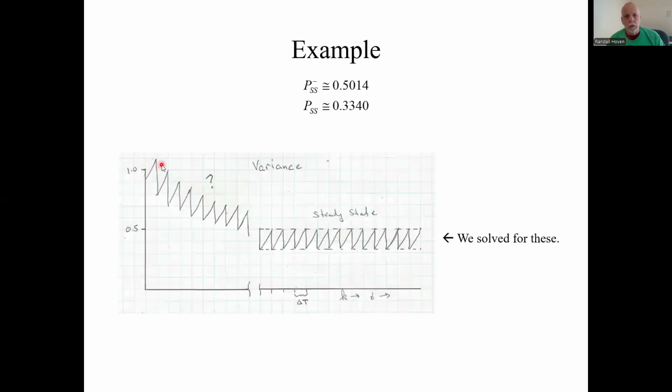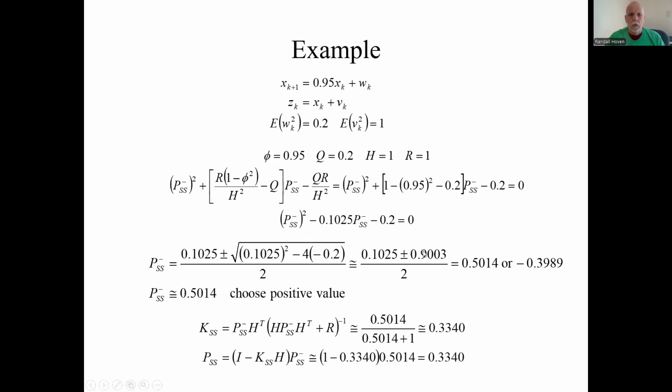What's going on there is you had this transient phase where the variances were trending down. Remember, they grow between measurements, and every measurement brings them down some. What we just calculated were these two thresholds here, in steady state, the upper value and the lower value.